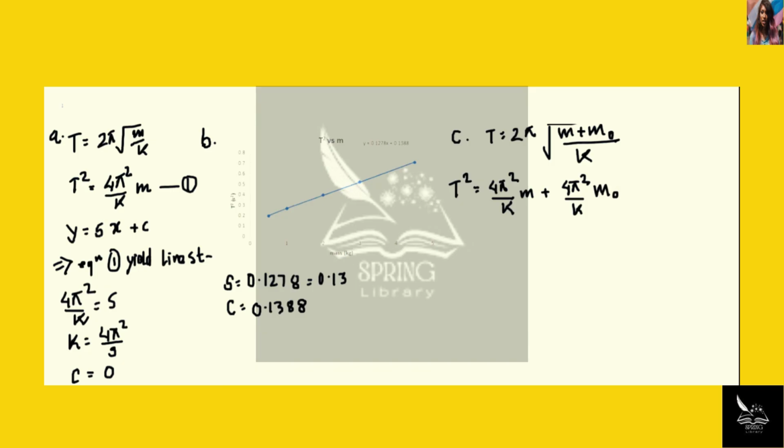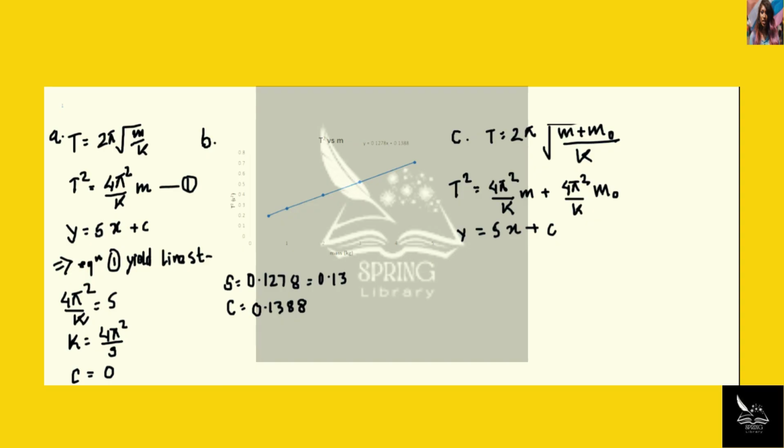Now this resembles y equals mx plus c, but I don't want to use m here because we have already used m for mass, so I will use s for slope and c for intercept. In this equation, the slope is 4π squared upon k, and the y-intercept is 4π squared by k times m naught.